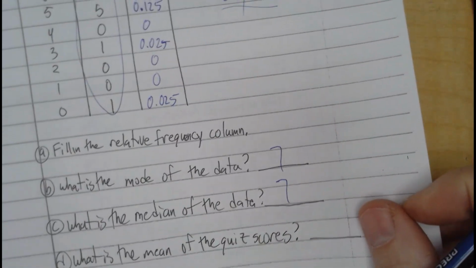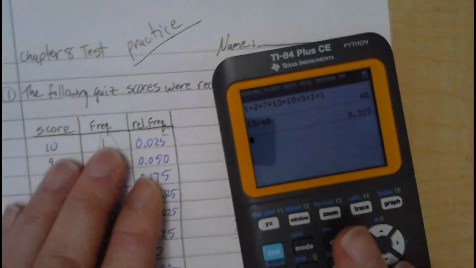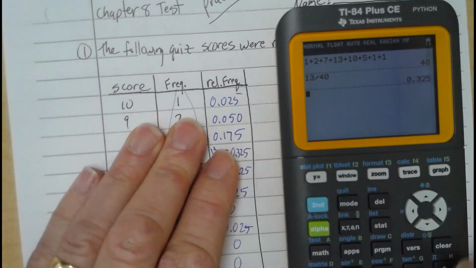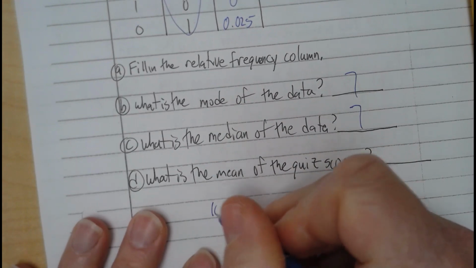And then the mean of the scores, where there's 40 total scores. So I'm going to divide by 40. All right, so I'm just going to type this into the calculator. Well, no, I'm going to demonstrate it better than that. You need to write this down so you can get credit in case you type something wrong on the calculator.